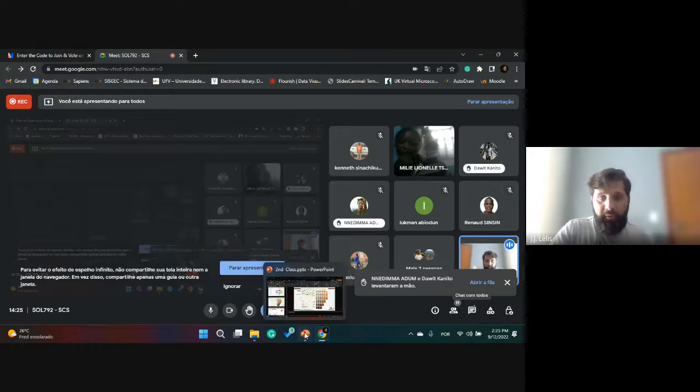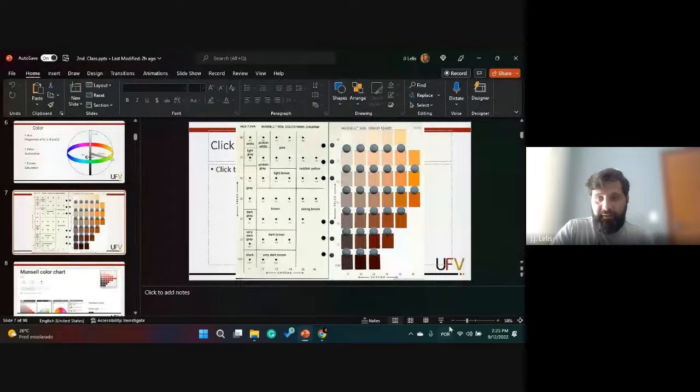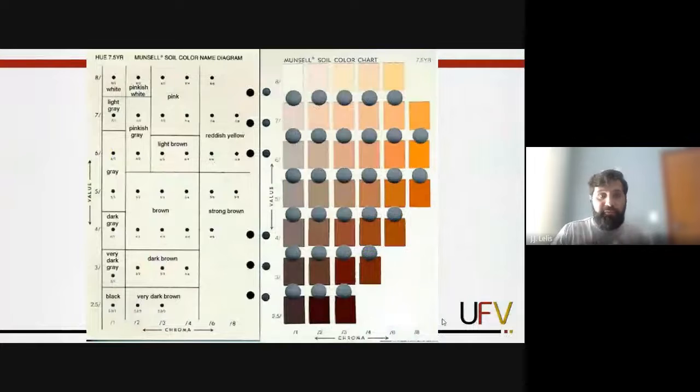So color is quite important because it represents information that we otherwise only know in the lab. I can't measure the soil organic content in the field, but the color helps me understand that this horizon has a lot of organic matter.